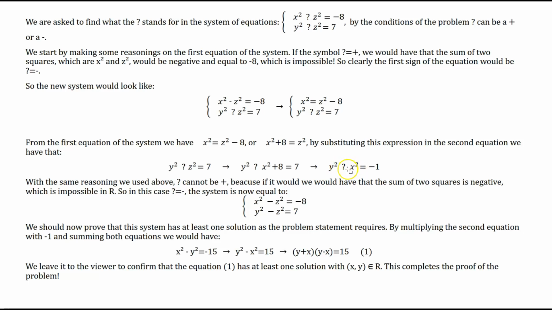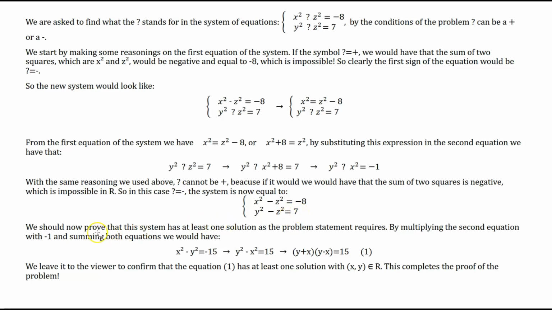So even in this case, we deduce that the question mark cannot be equal to plus, but it would be a minus. So the system of equations is now x squared minus z squared is equal to minus 8, and x squared minus z squared is equal to 7.